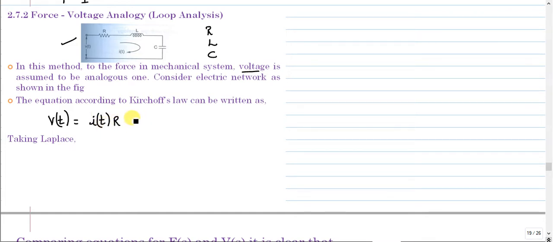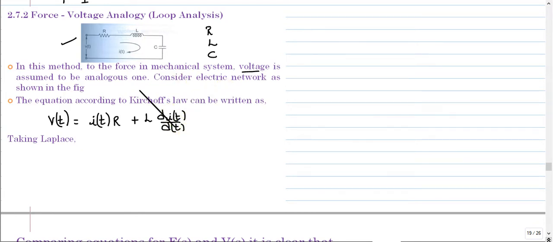And next, for L, that is the inductor, the voltage drop across the inductor will be represented by L times the differentiation of I of t with respect to dt.